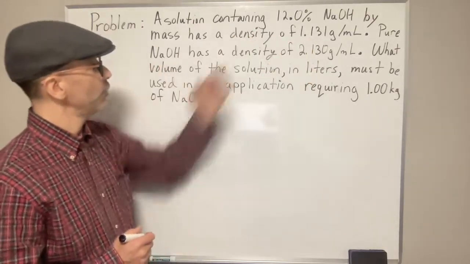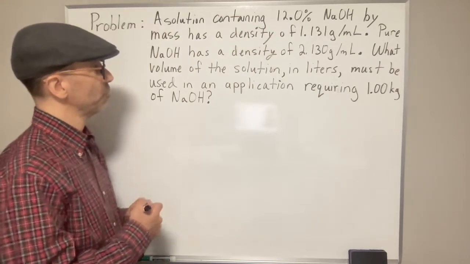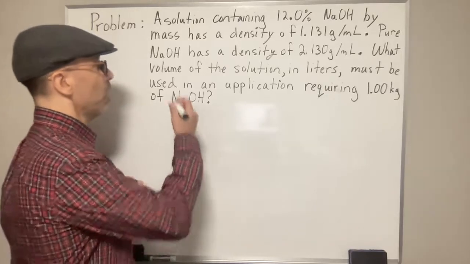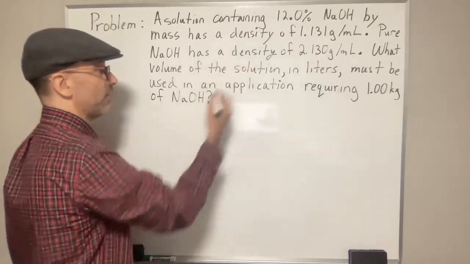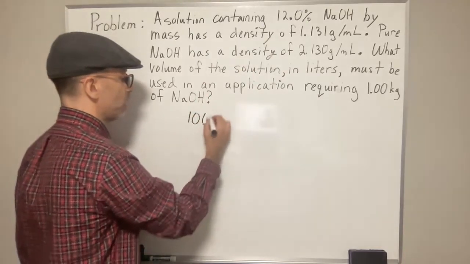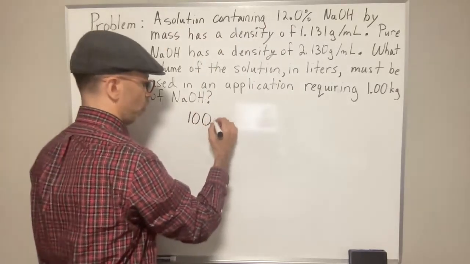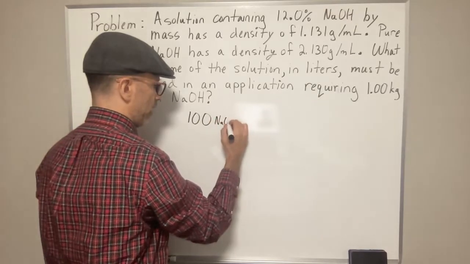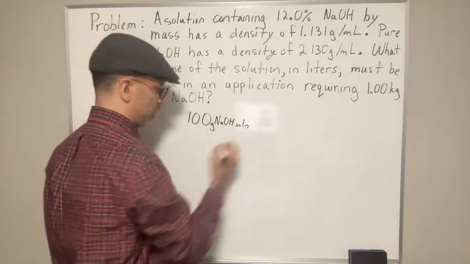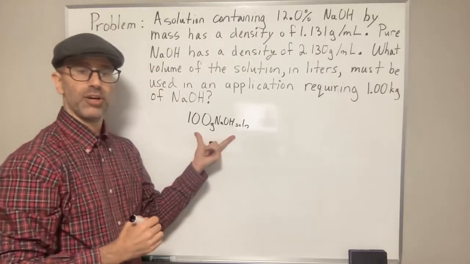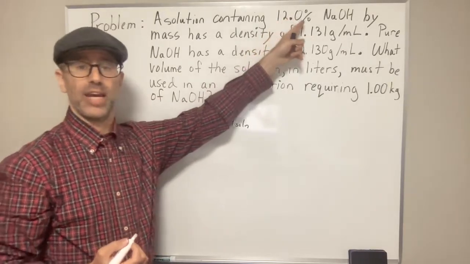So how do you use your percentage as a conversion factor? You take 12%, and again, out of 100. That means that if I have 100 grams of the sodium hydroxide solution, so I'm going to write NaOH, grams, 100 grams of my NaOH solution, that means that out of this 100 grams, 12% of that is the NaOH.